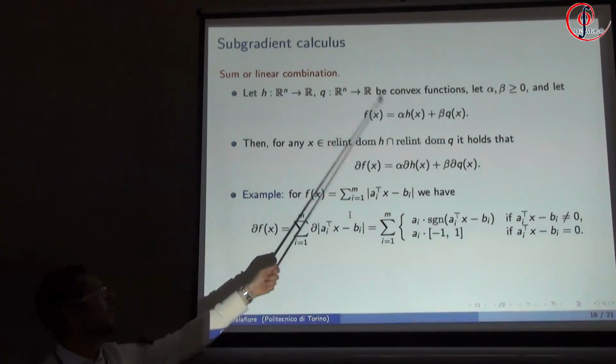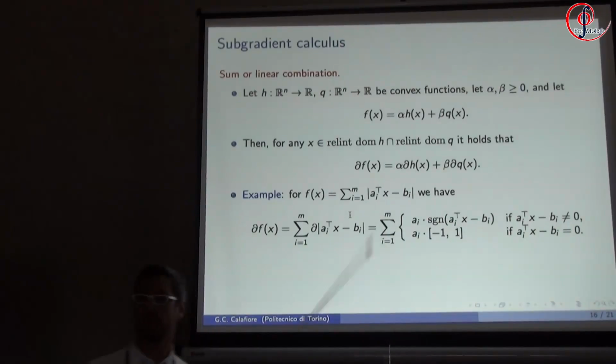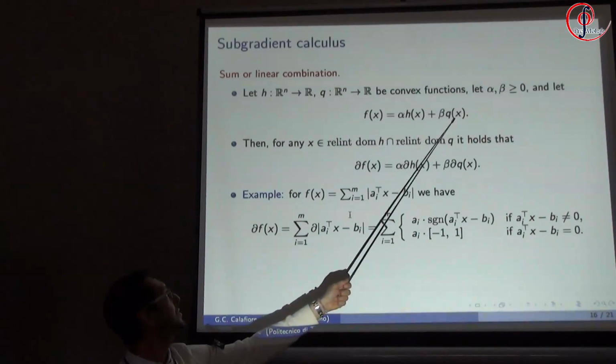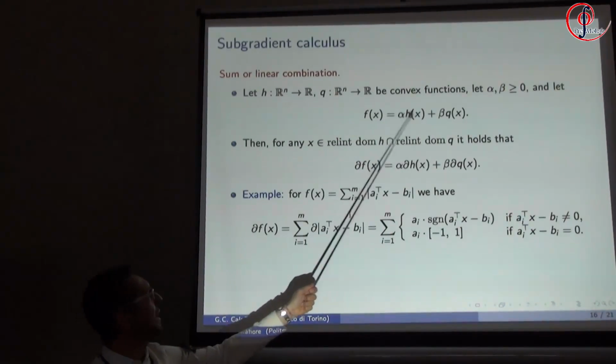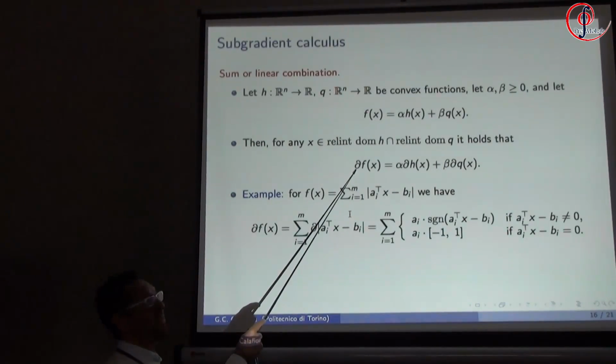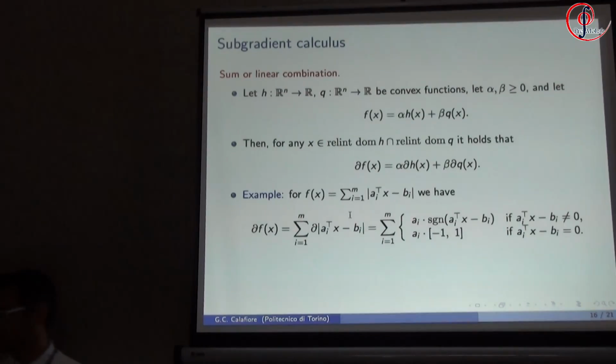If h and q are two convex functions, and we construct a linear combination of these two functions, where alpha and beta are non-negative, so not any linear combination, but a non-negative linear combination, then essentially the subdifferential of f is just the sum of the subdifferentials.